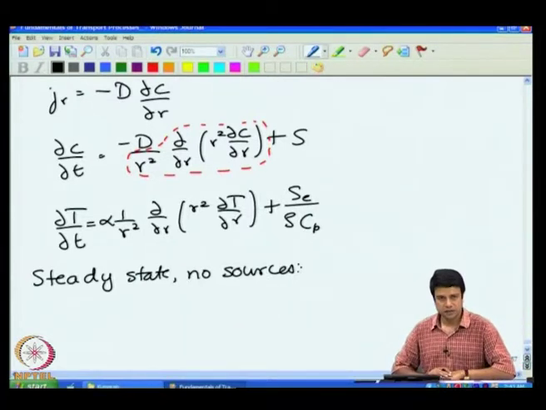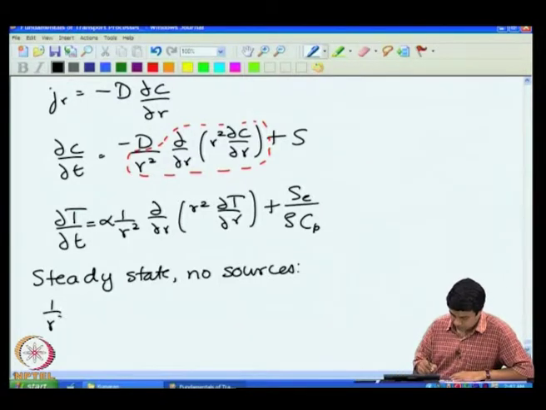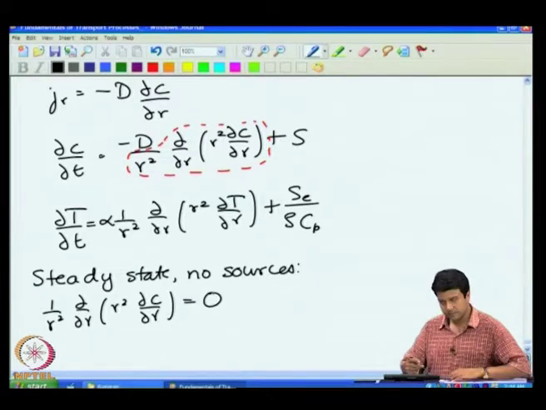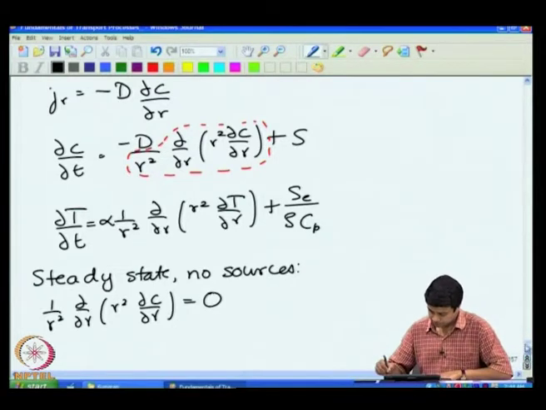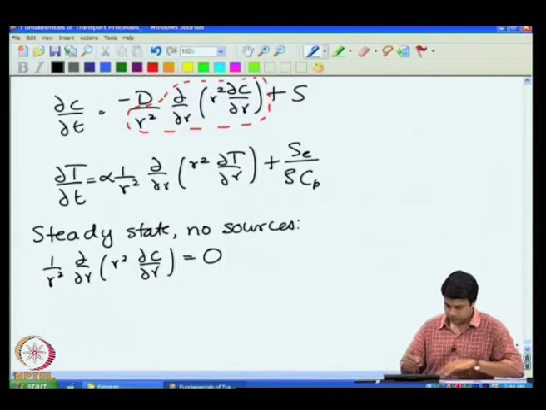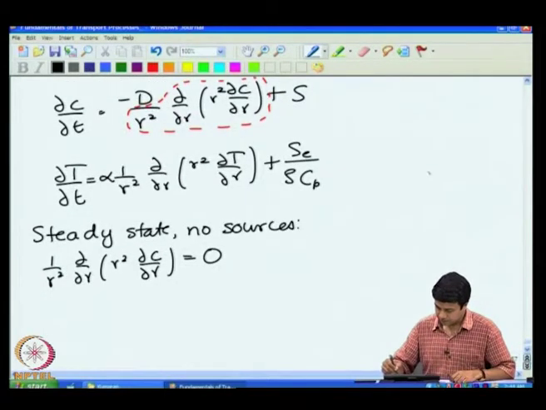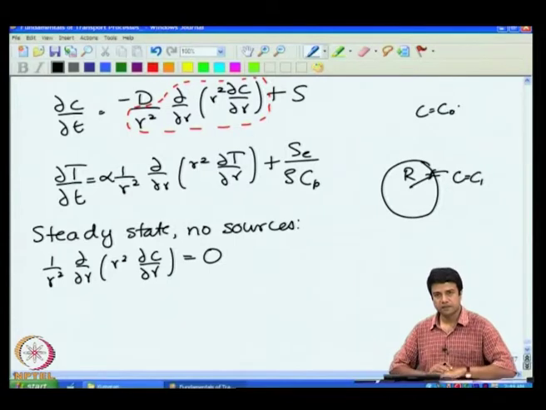For a steady state and if you have no sources, this equation reduces to 1 by r square d by dr of r square dc by dr is equal to 0. And as I said, we have a catalyst particle of radius R. C is equal to C1 on the surface and C is equal to C naught far away from the surface.